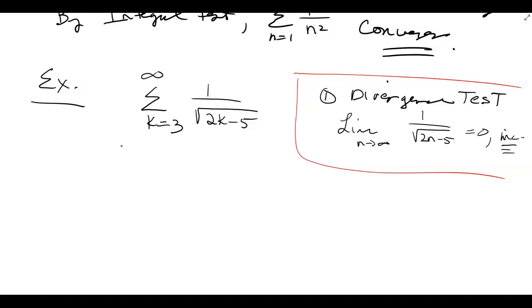Don't get too caught up with the fact that we're not starting at 1. Because when we really look at convergence and divergence, we really care about what's happening at the end of our infinite series, not what's happening at the beginning. So don't get caught up on the k equals 3. There is a reason for that, and we'll see in a minute. Because now, when you go and turn this into a function, right?